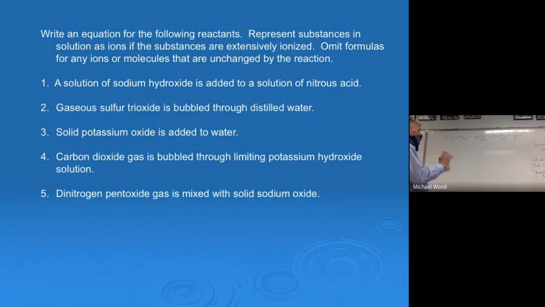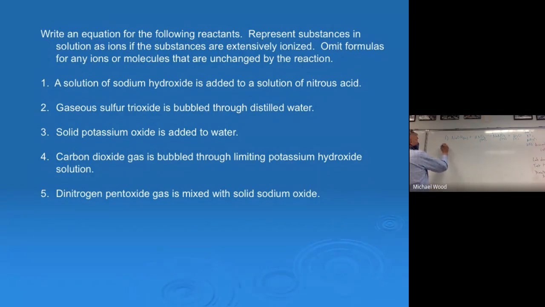Okay, but then, a strong electrolyte. What I dissociate are strong acid, strong base, and soluble salt. The strong base I'm going to dissociate, but the weak acid I'm not. For soluble salts, remember these ions: Na, K, NH4, and NO3. When we see those ions in an ionic compound, they're soluble salts.